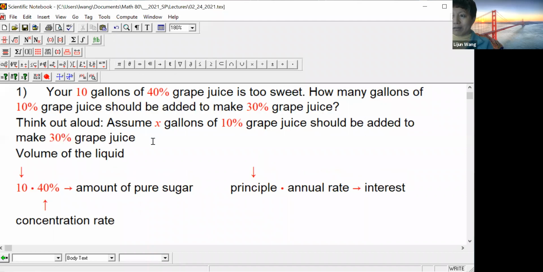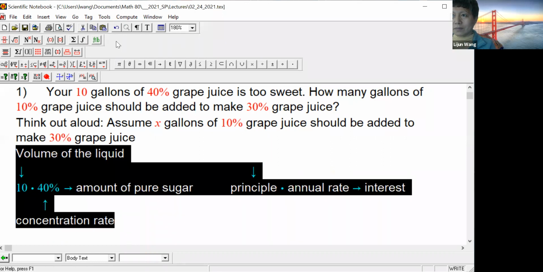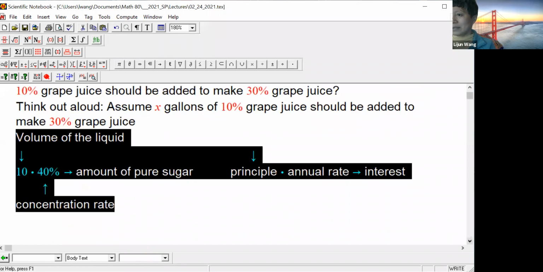So we're introducing our variables now. Does everybody follow me? And next, you're going to tell me how much pure sugar is in X gallons of 10% grape juice. What is it?